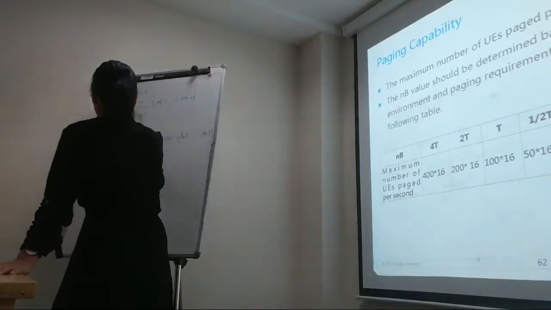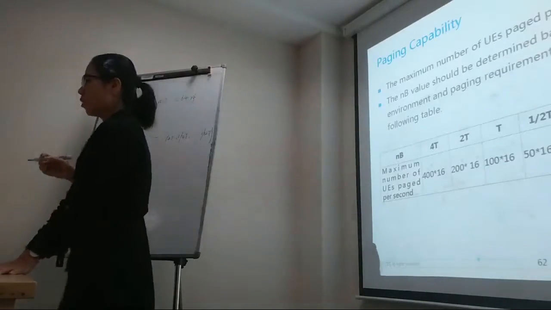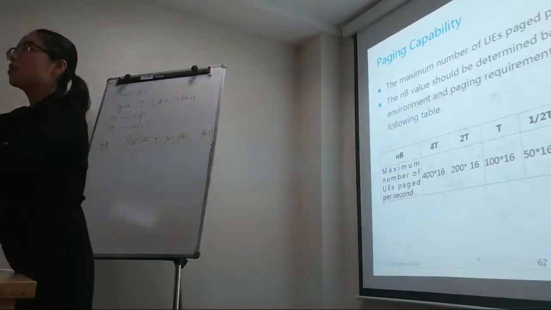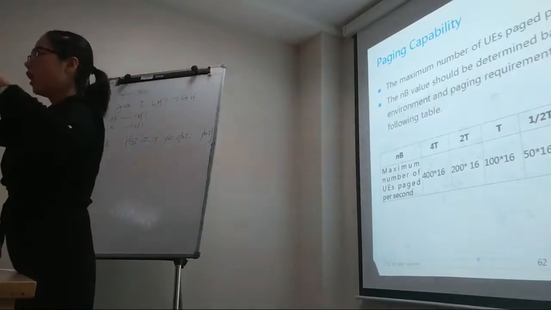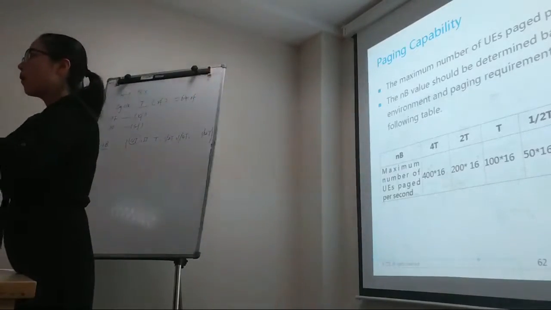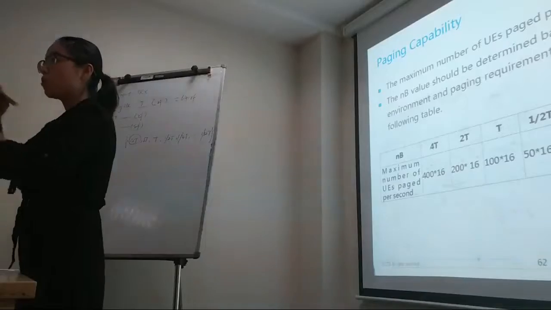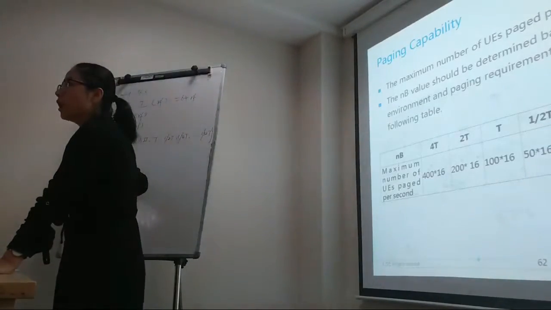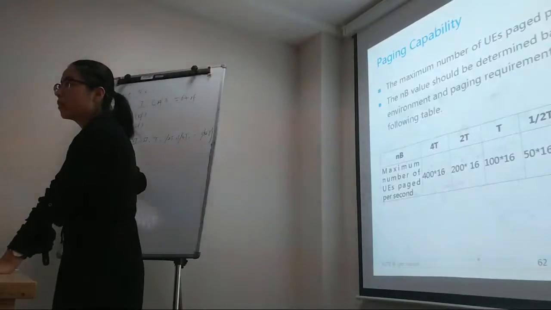If I select 4T, that means the eNode B side will always transmit POs, because it transmits according to different UEs, but it will always transmit paging. So how many can I transmit during this time? 4T, I can transmit so many.